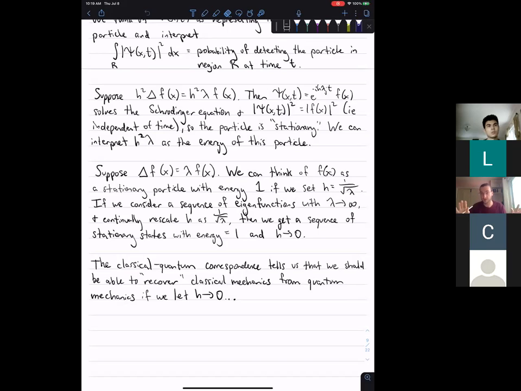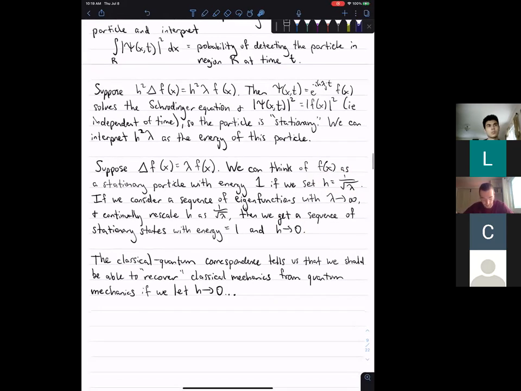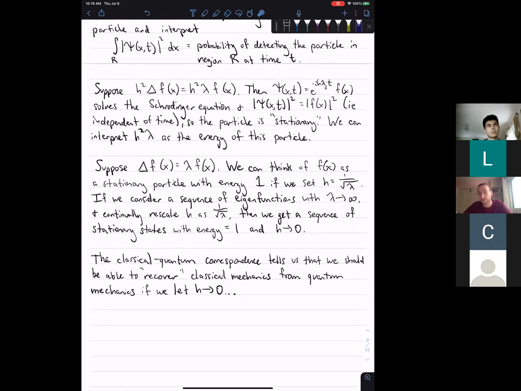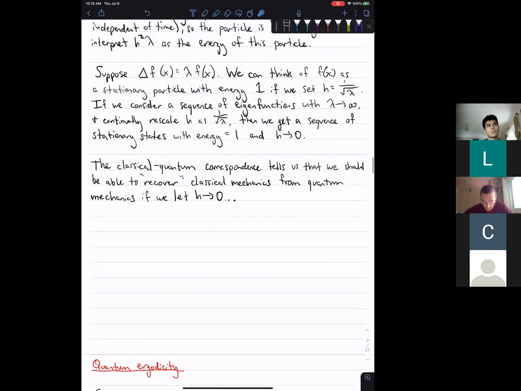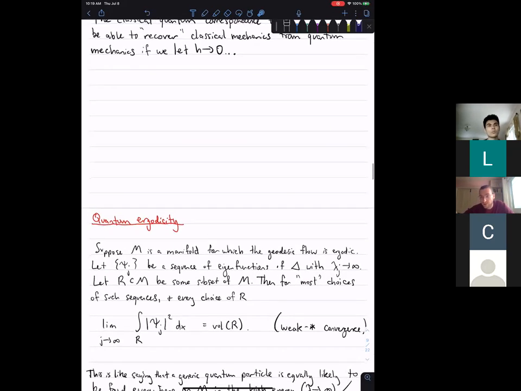But now lambda going to infinity implies that 1 over square root of lambda goes to 0. And at least sort of, there's this classical quantum correspondence that tells us that if we take h going to 0, then we should somehow recover classical mechanics from quantum mechanics. And that's where quantum ergodicity comes in.